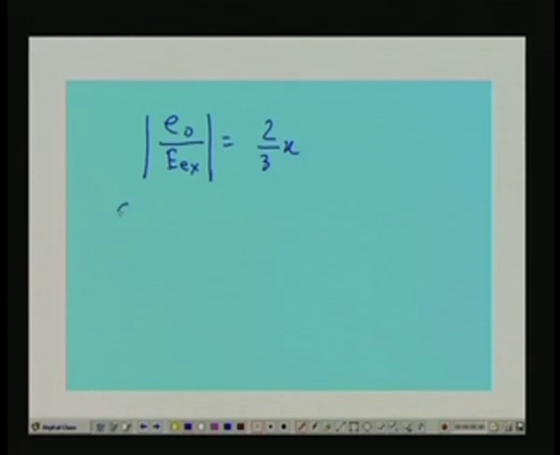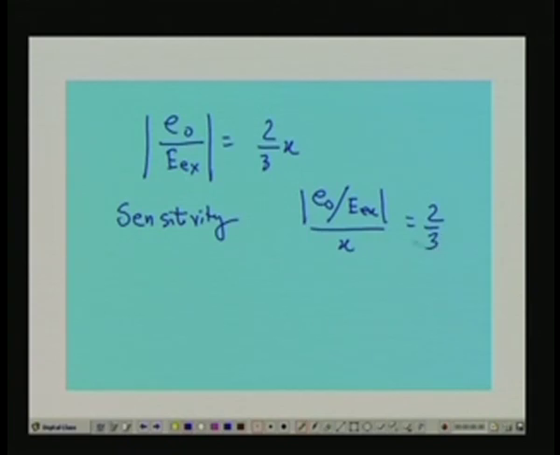So, sensitivity in this case I can write that E naught upon Ex by x equal to 2 by 3. We have seen that the sensitivity has been improved in this case, and also it is perfectly linear. That is most important. In the first case also the final output becomes very much linear. So, this is the improvement over the previous case, right.